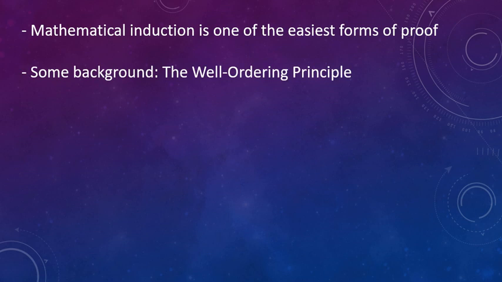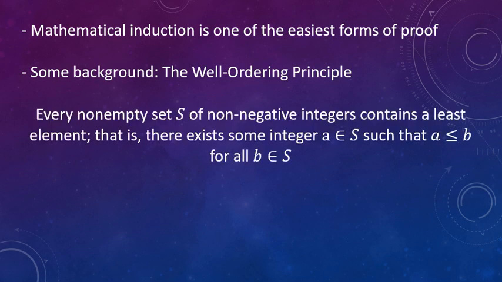What the well-ordering principle says is every non-empty set, which we'll call capital S, of non-negative integers, so whole numbers that are non-negative, contains a least element, a least guy in there. That is, there exists some integer a in this set S, such that a is less than or equal to b for every b that's in this set capital S.